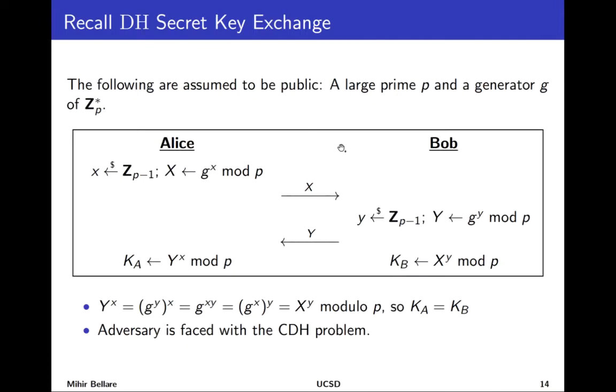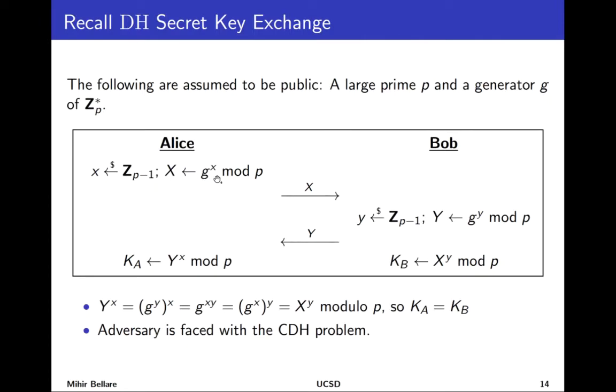So let's recall that in the Diffie-Hellman secret key exchange, there was a large public prime and a generator of the group of integers mod p, at least for this selection of groups. Alice picks a random exponent. The exponent will lie in Z_{p-1}, so it'll be a number between 0 and p minus 2. Why is that? Because the group has order p minus 1.